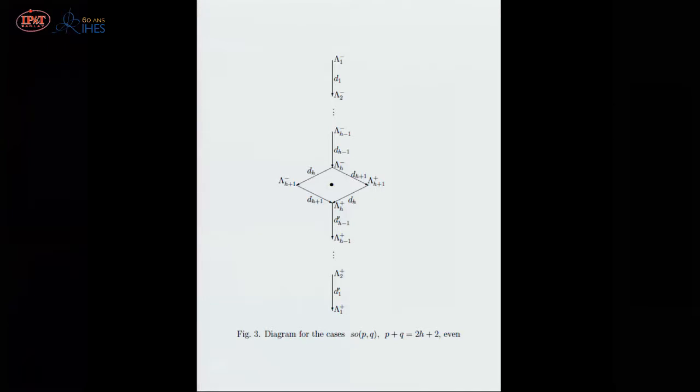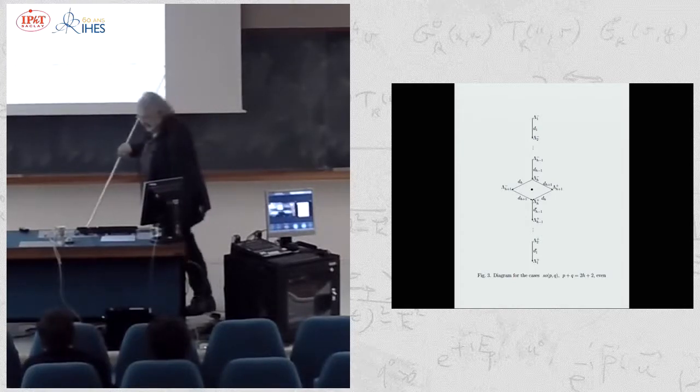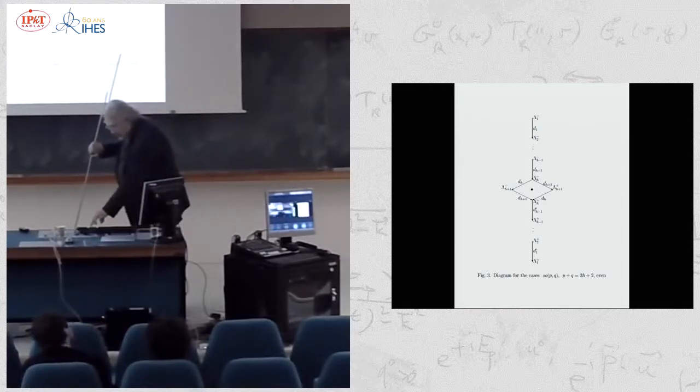Now I jump a little because what I was saying was for SO(4,2), SO(3,3), SO(5,1). What about SO(p,q)? And when SO(p,q) with p plus q even, we have the same diagram. Only it's longer, but the structure is the same. And then you can say, what about the odd cases?